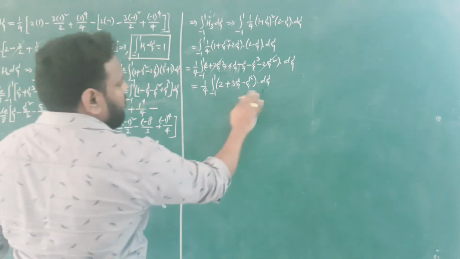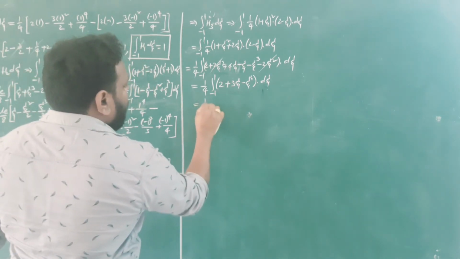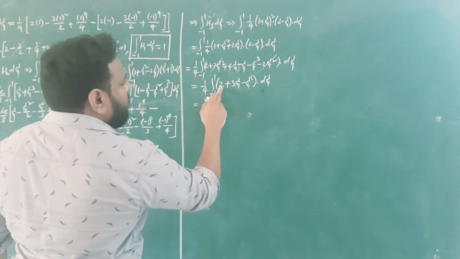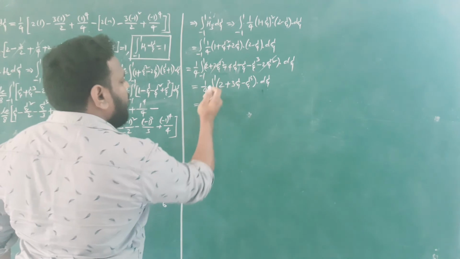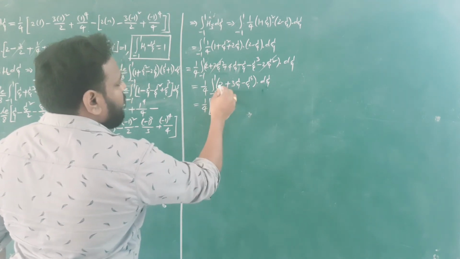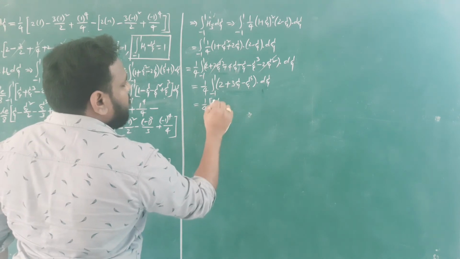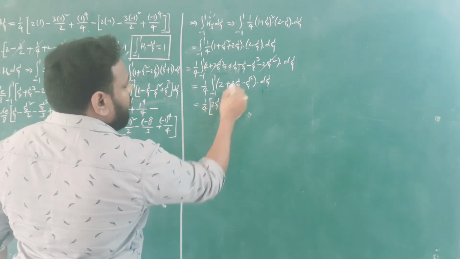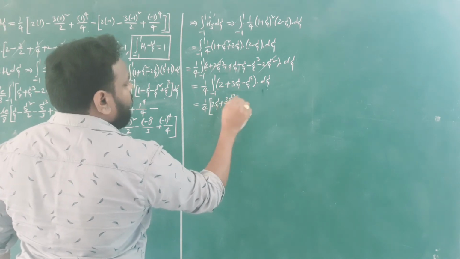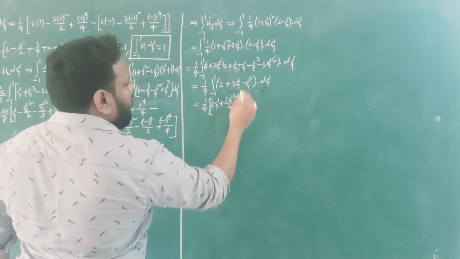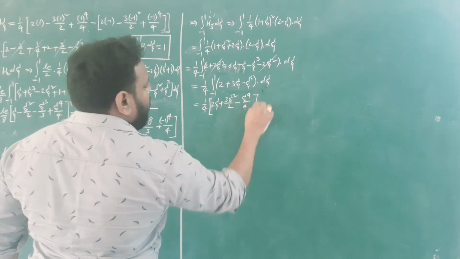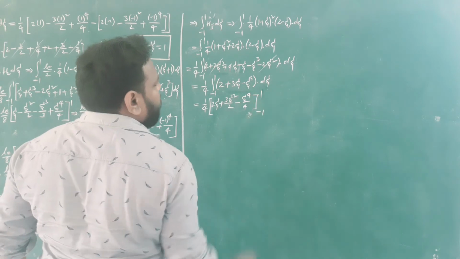Now integrate this entire equation: 1 by 4 into, the integral of 2 is 2j, the integral of 3j is 3j square by 2, minus the integral of j cube, which is j power 4 by 4, from minus 1 to 1.